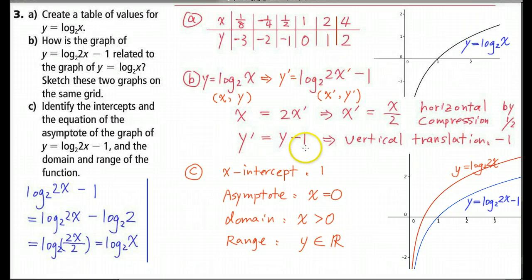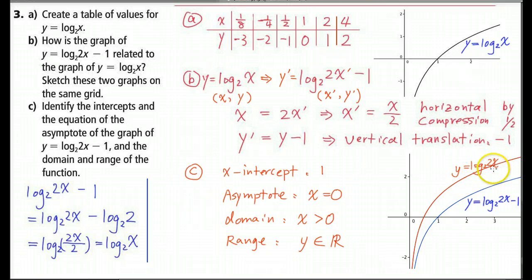If you look at the transformation and then graph it, it's interesting that we go through 2 steps. This is our original graph. If we have a horizontal compression, it is likely to become something like this. I just put the red one here. That's actually the function y equals log base 2 of 2x.